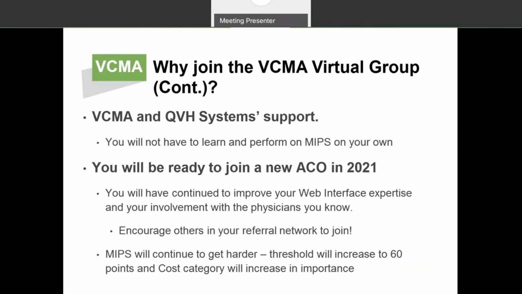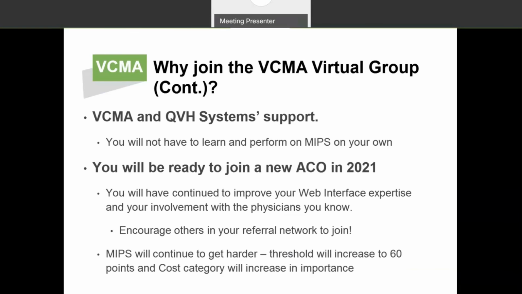Because as many of you know, in order to get the 5% bonus for the ACO, you have to have at least half of your Medicare fee-for-service patients being referred through people who are participating in the ACO.